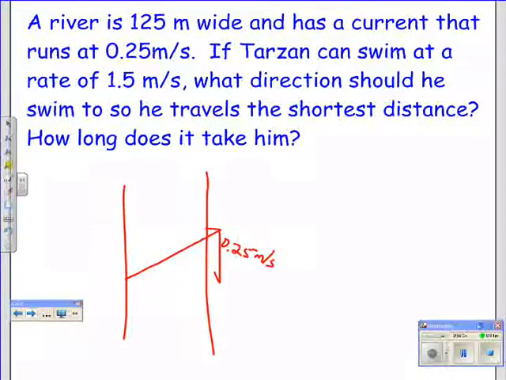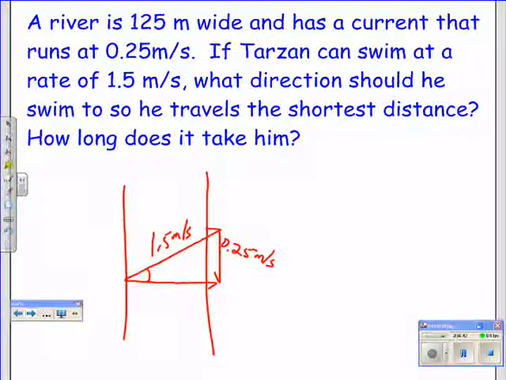The current's going to bring him back to that right there. This side of my triangle is 1.5 meters per second. So by asking what direction does he have to swim, I'm asking this right here.